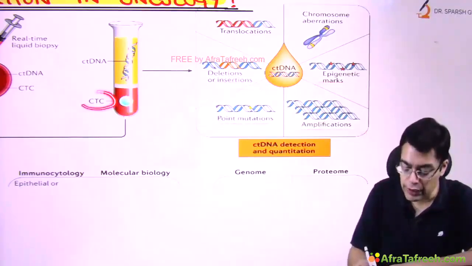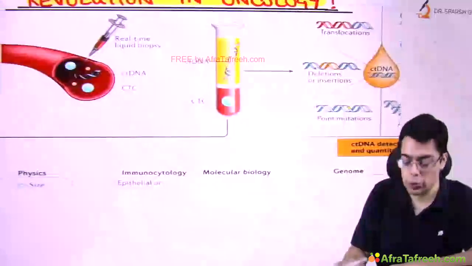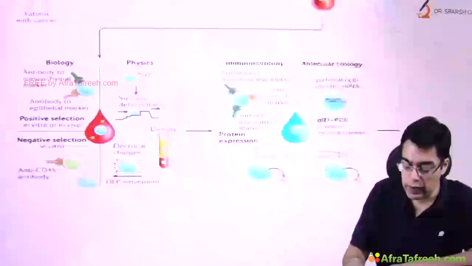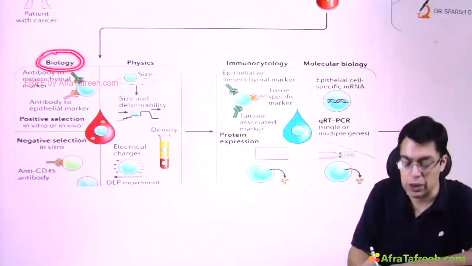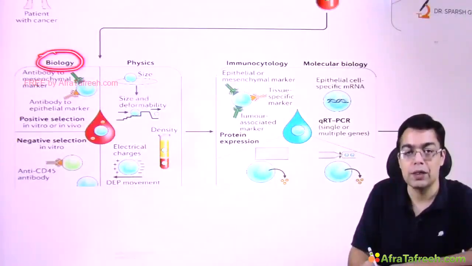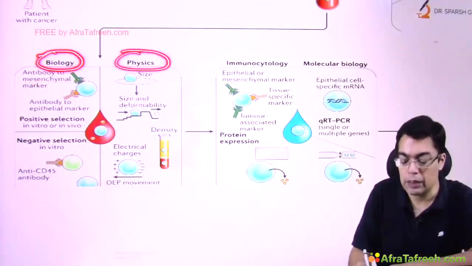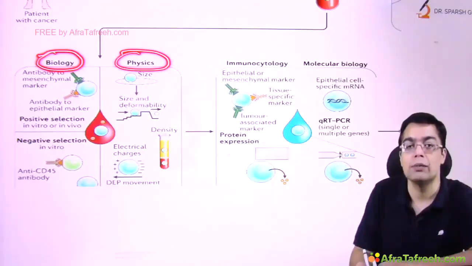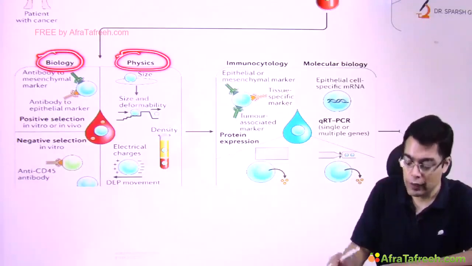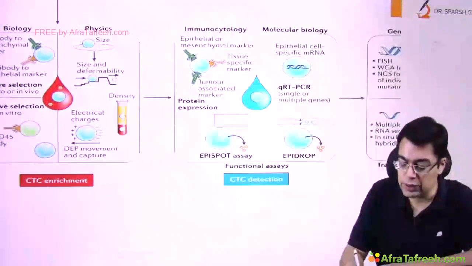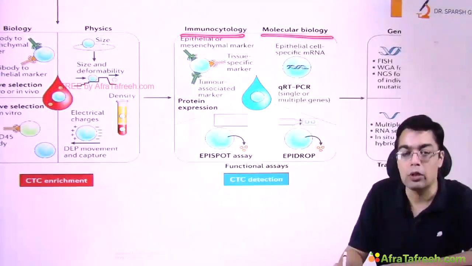If I'm talking about CTCs, since they are less in number, they have to be enhanced, and the enhancement depends upon either the biological property, positive and negative selection, or the physical property dependent upon the size, filtration, immunodiffusion, etc. We then have the CTC detection using immunological and molecular biological techniques.